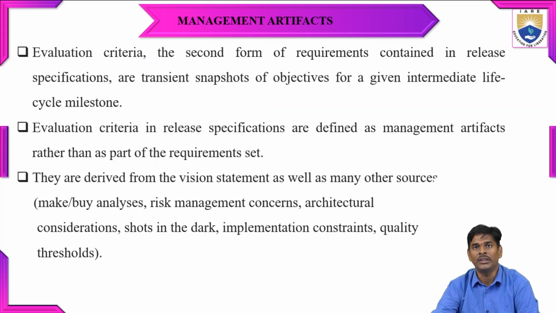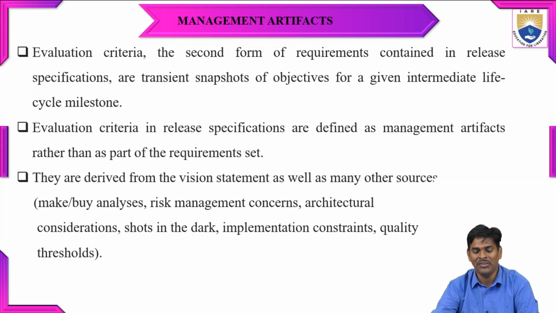And also here we have the various evaluation criteria. The second form of requirements is contained in release specifications, and they can have transient snapshots of objectives for a given intermediate lifecycle milestone. So these evaluation criteria have different types of specifications, and they follow different management artifacts rather than the requirement sets.